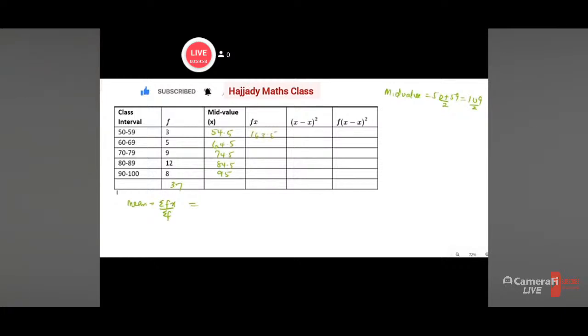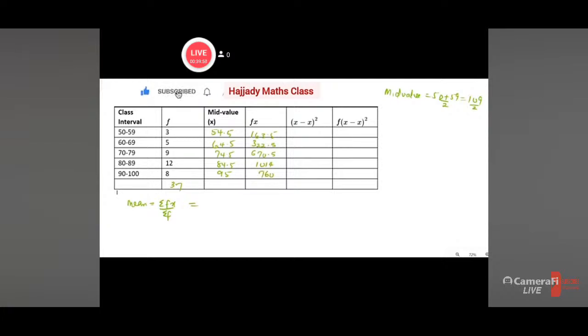So using your calculator, 3 times 54.5 is going to give us 163.5. And 5 multiplied by 64.5, here we're going to have 322.5. Here I'm going to have 670.5. Here I'm going to have 1014. And here lastly I'm going to have 760.